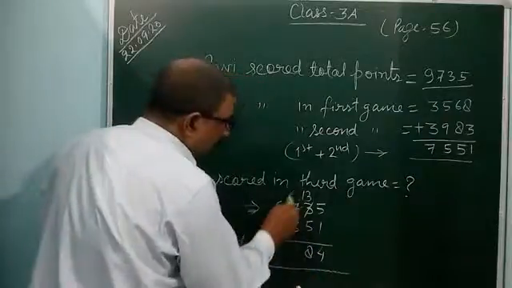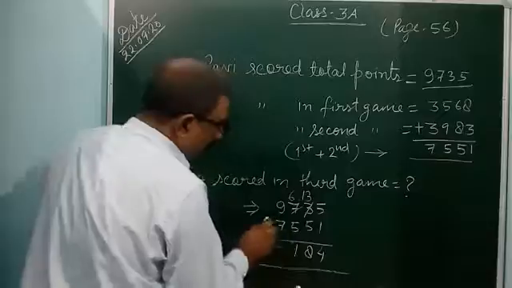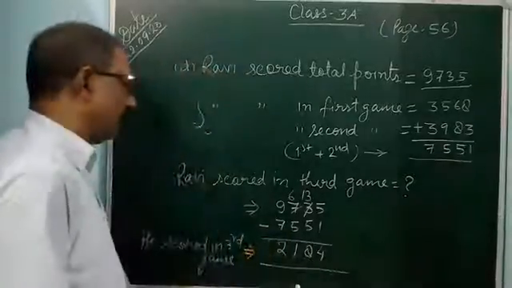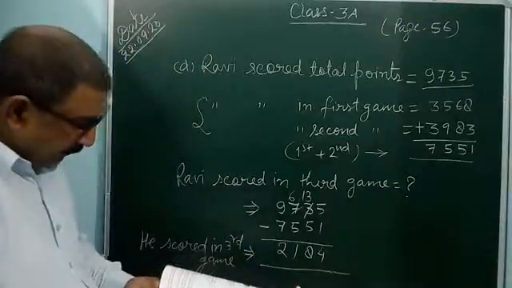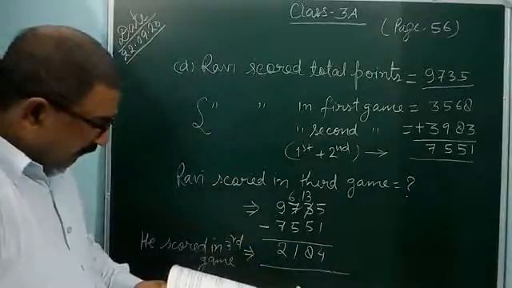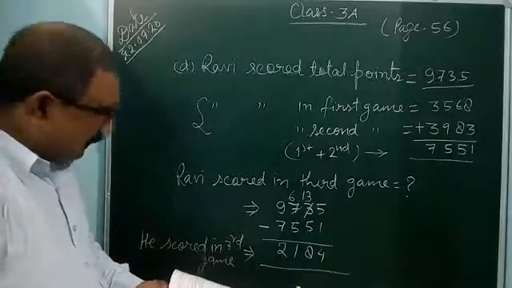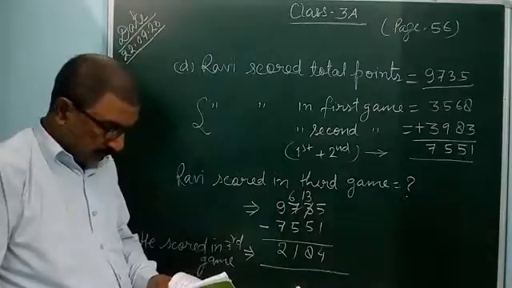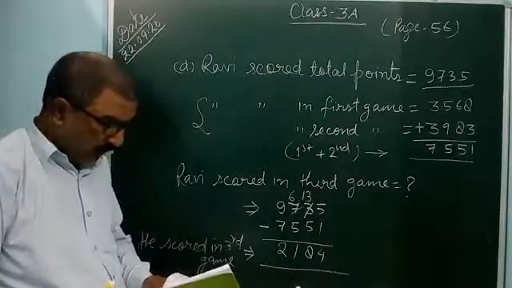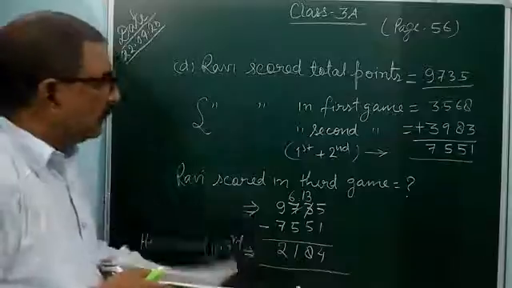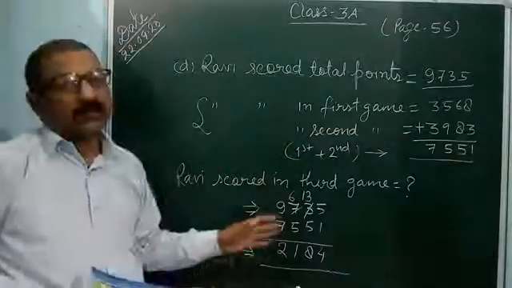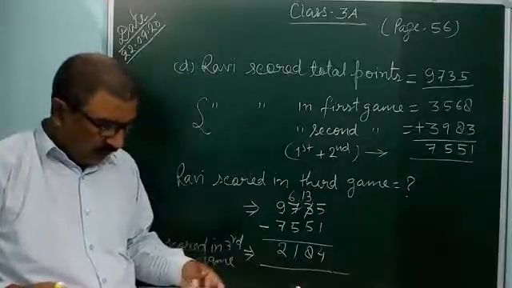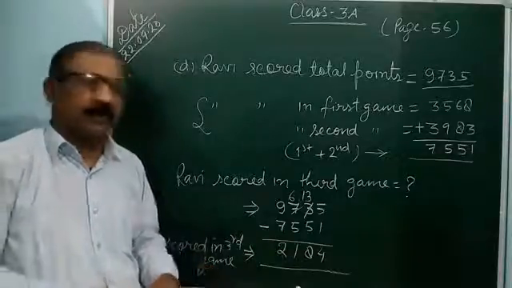Here it will be 6. 6 minus 5, 1. And 9 minus 7, 2. So in the third game, he scored 2,184 points. So in this way, you can solve the question. So I hope you will finish this question 5 in your copy today only. Okay, thank you.